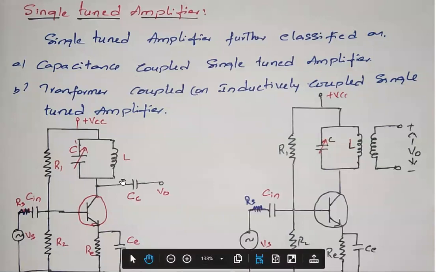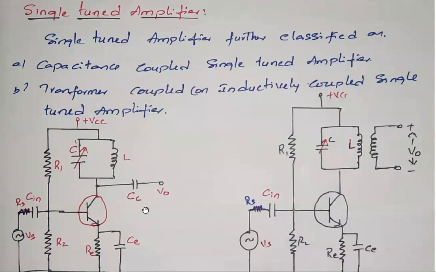The output is taken at this point. Similarly, the second one is the transformer coupled or inductively coupled single tuned amplifier, where the output is taken across the inductor. These are the two classifications of single tuned amplifier.